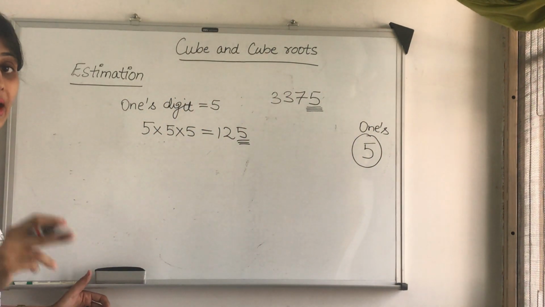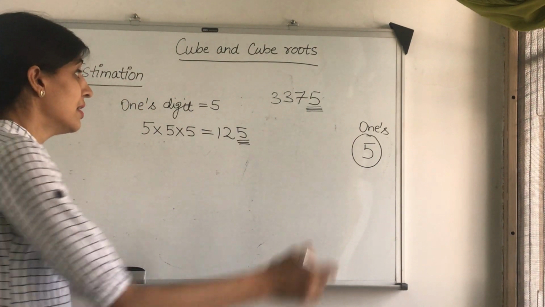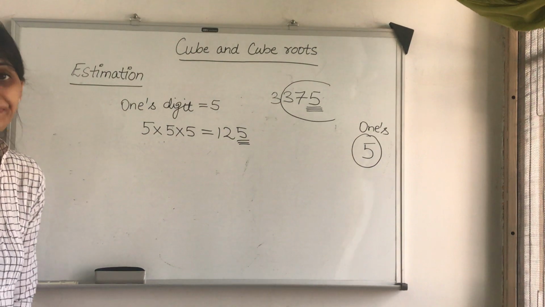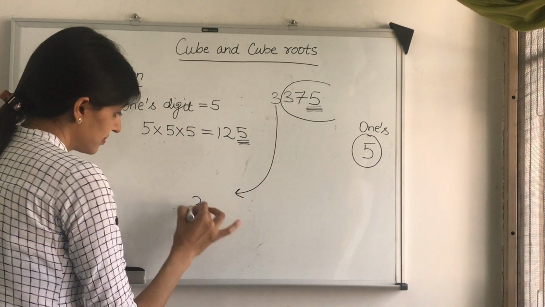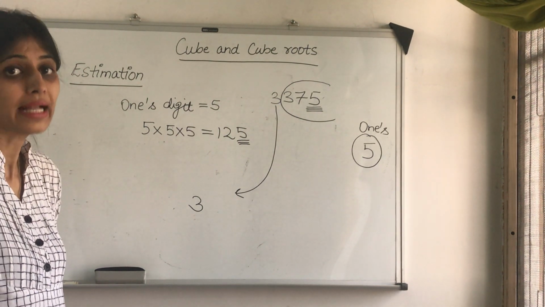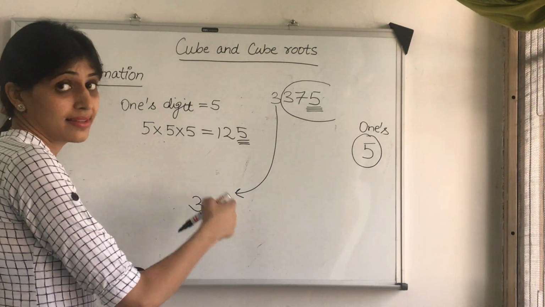Done? Now, as done in the previous question, what is the next step? Remove the 3 numbers from the right hand side. Take this 3 over here. Now take 2 numbers in such a way that their cubes are less than or equal to this and greater than this.